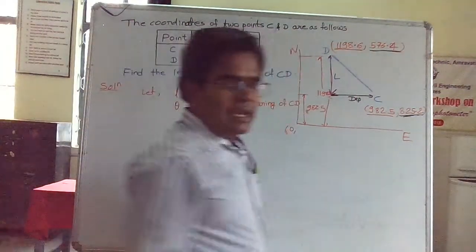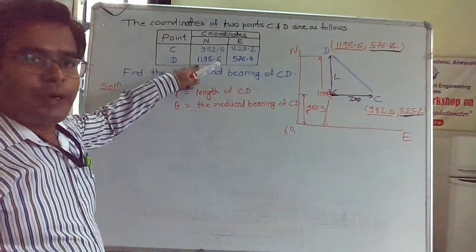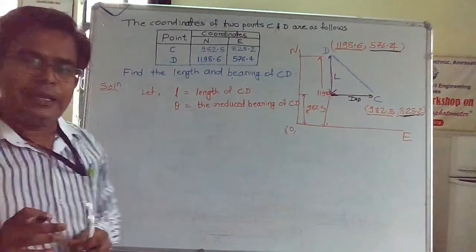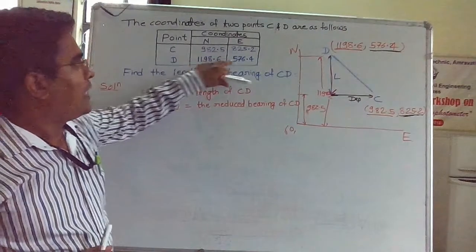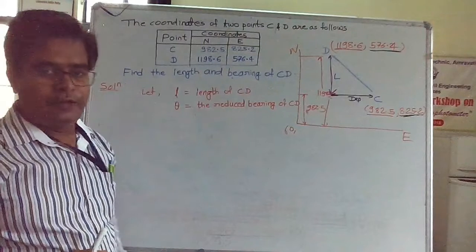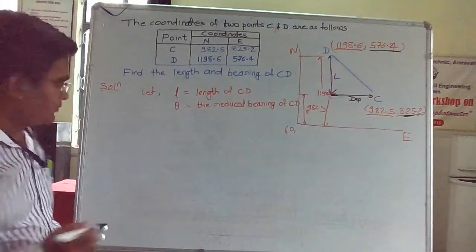So whenever we get a problem in terms of the coordinates of 2 points, we can find latitude by subtracting the north coordinates of the 2 points, and departure by subtracting the east coordinates of the 2 points.